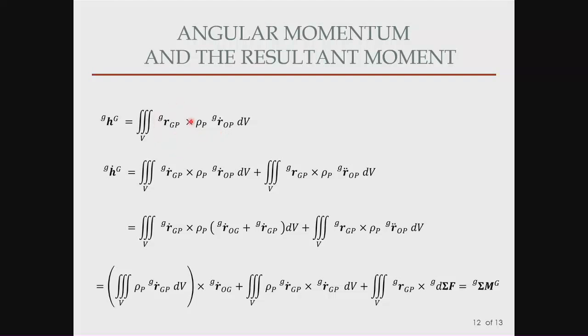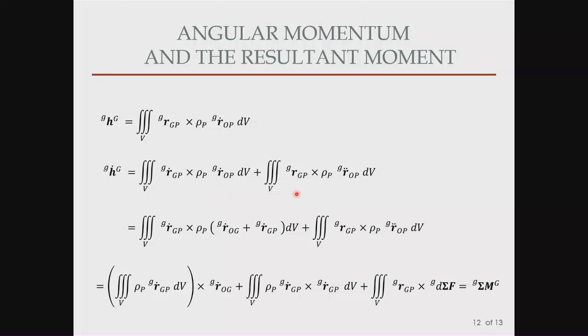So I'm using the derivative of a product. First I'm taking the time derivative of this one, from RGP to RGP dot, and this part is unchanged.